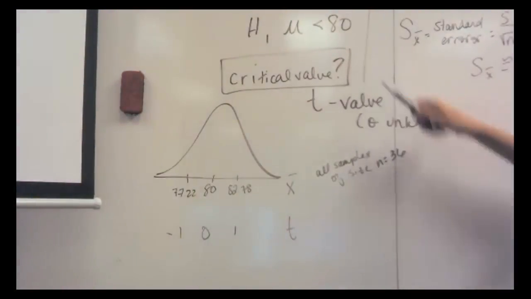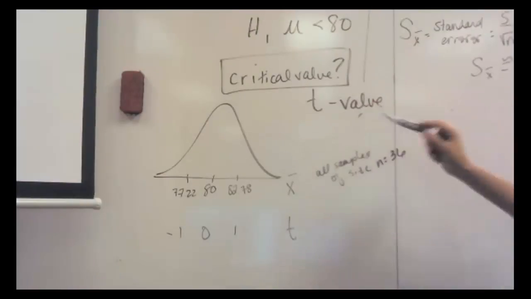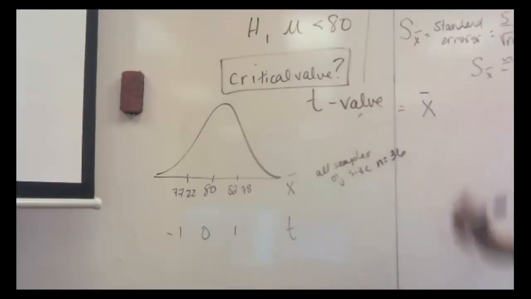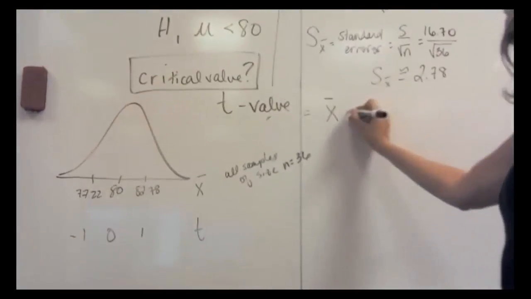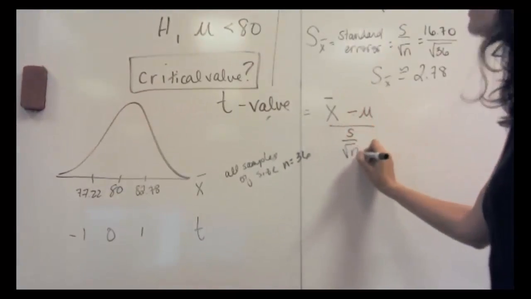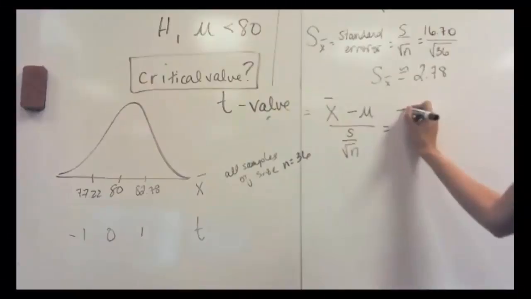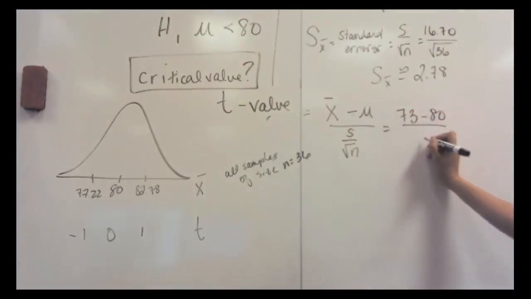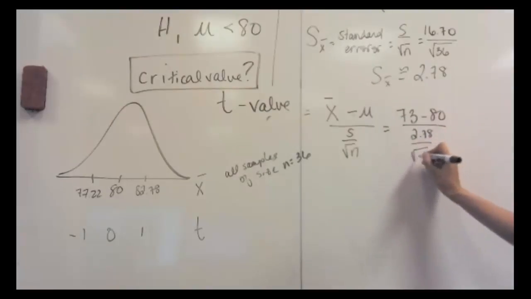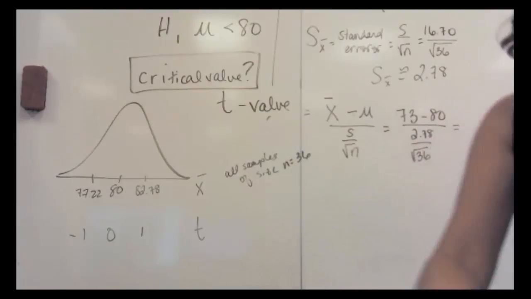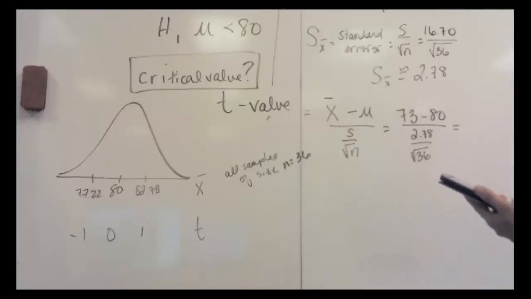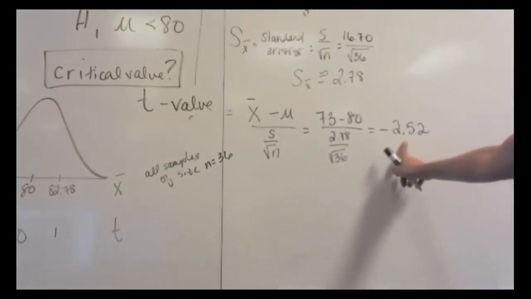Okay, so I just set that all up, but the question was, what's my critical value? My test statistic is the following. It's equal to x bar minus mu over s over the square root of n. So this is 73 minus 80 over 2.78, or approximately negative 2.52.